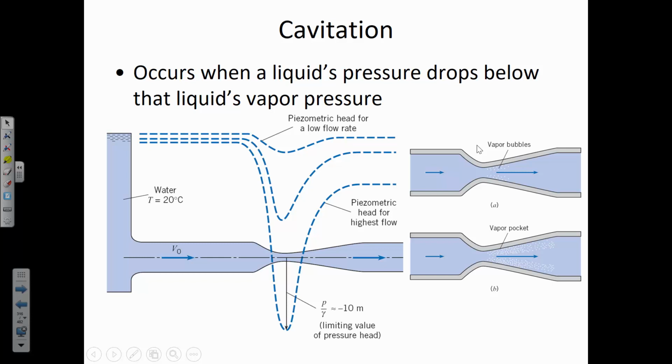These tiny vapor pockets will only exist for a little while, because as the pipe starts to expand again, the pressure increases, and those tiny vapor pockets will very quickly be forced to collapse. It sends a shock wave through the water, and it can be quite damaging to the pipe. It can cause pitting in the pipe.